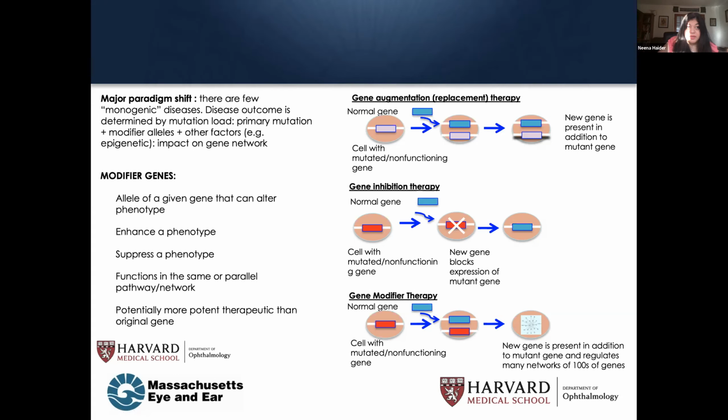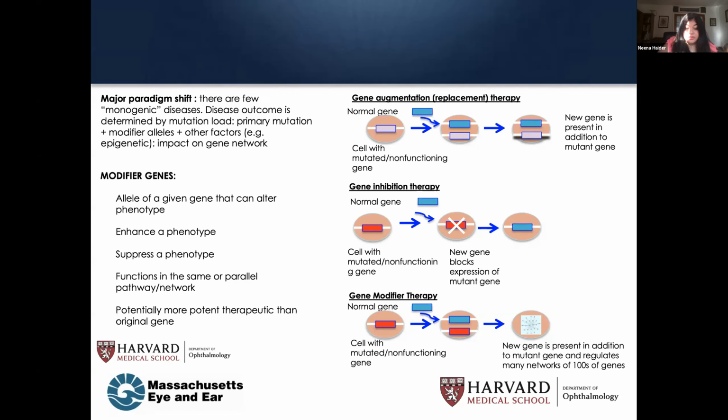CRISPR has a lot of advantages, and we can talk about that later. I didn't put a huge effort into that right now. It's great for dominant diseases. It's great if you have a double negative, but it's still a newer technology that needs to be fleshed out. So there's still off-target effect concerns that can happen with that.